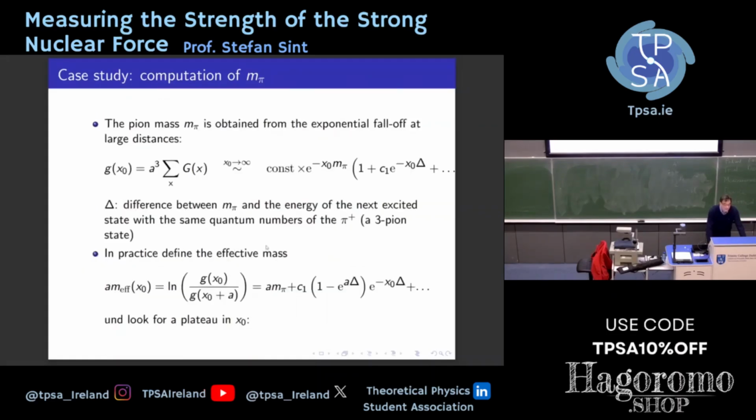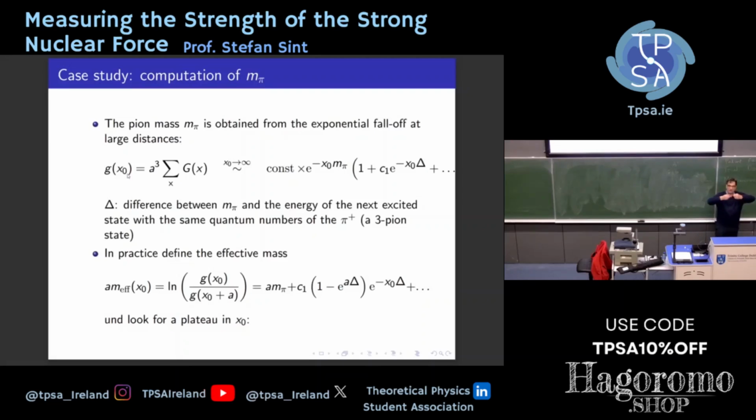Okay, so then the pion mass you will obtain basically from the exponential falloff as you look at the propagator as a function of the distance in time. So let's say we sum over all the spatial indices. x here means the spatial indices, and we have a function of x0, the Euclidean time direction.